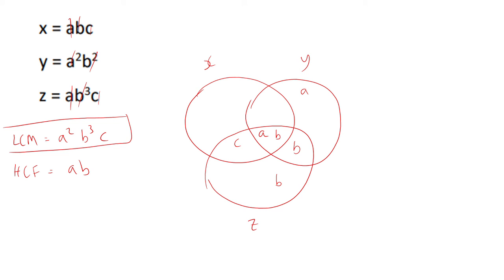The three lowest prime numbers are 2, 3, and 5. Now we've got to decide whether a, b, and c are 2, 3, and 5, or 3, 5, and 2, or so on. So I would say the one with the highest power, in other words the b, that should be the lowest of the three numbers.